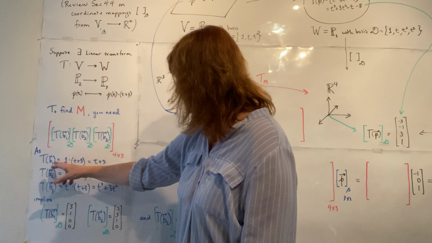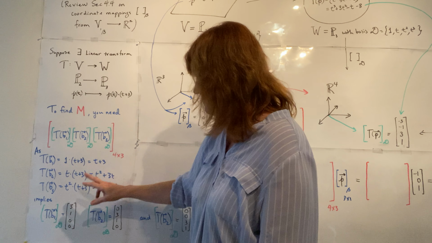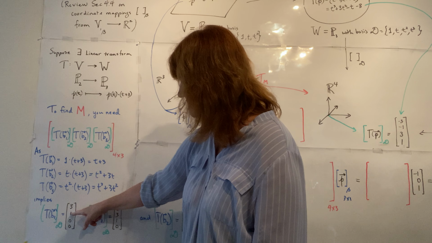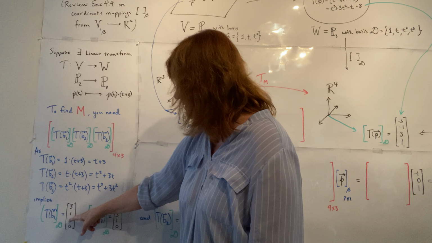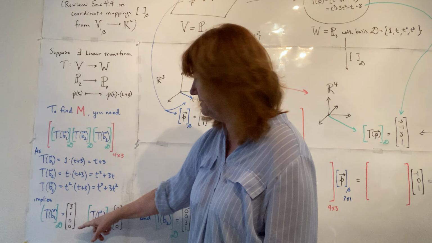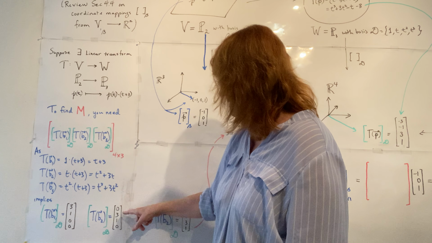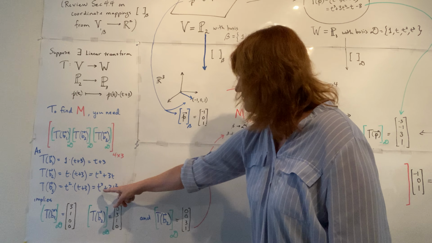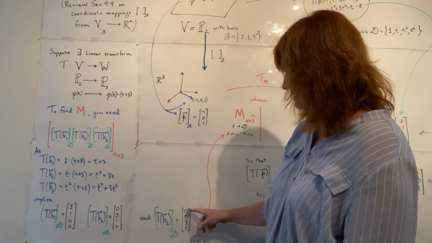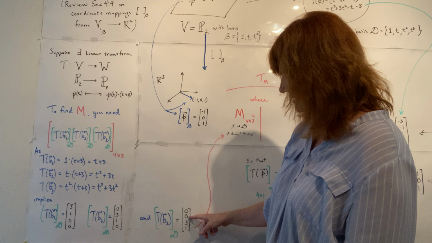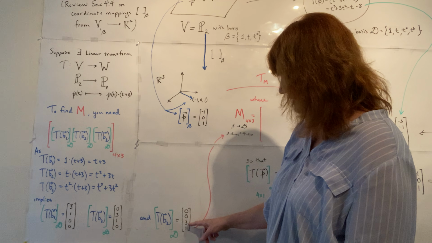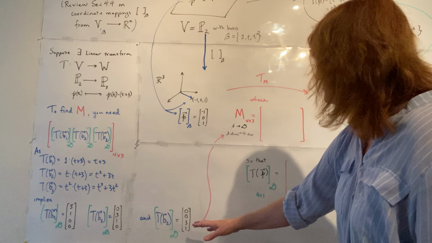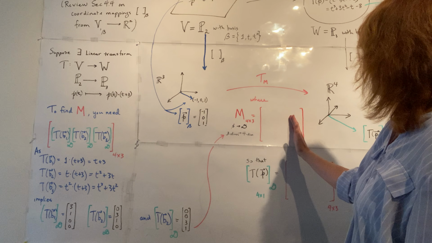If I take the coordinate mapping of t plus 3, that is 3, 1, 0, 0. 3 is the constant term, 1 is the linear term, 0 quadratic, 0 cubic. T of B2 will be 0, 3, 1, 0. T of B3, that's t cubed plus 3t squared, and that is 0 constant, 0 linear, 3 quadratic, and 1 cubic. You take those 3 vectors and you put them right in here.